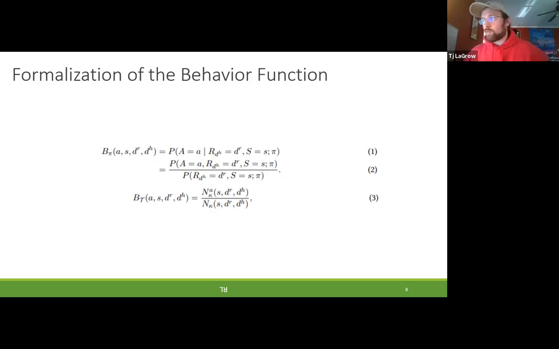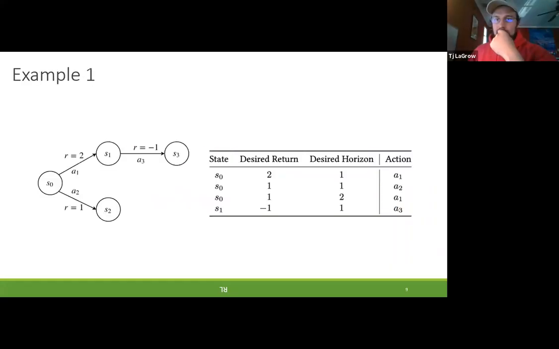Instead of, can I just get a reward of 5? And which action leads to that reward of 5, right? So you're trying to predict, okay, if I want to get a reward of 5 in this certain horizon, then what action should I take to obtain that goal? Yes, right? Maybe that'll be more clear in the example on the next slide.